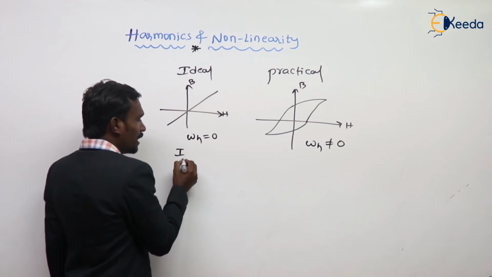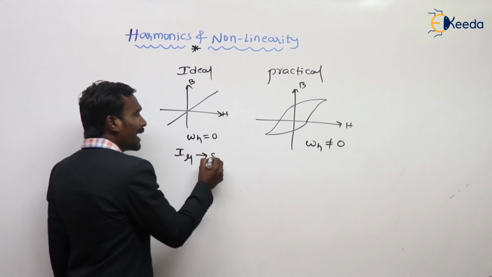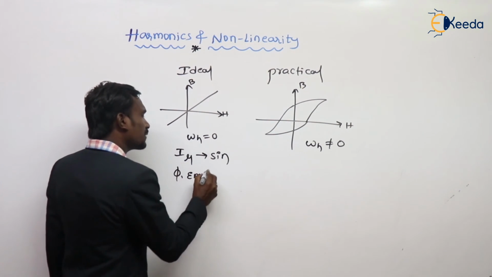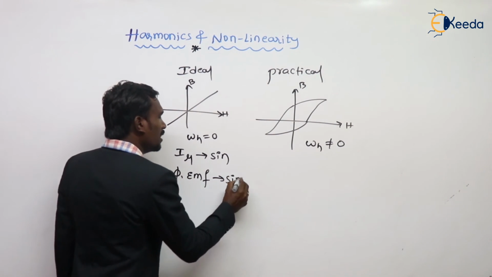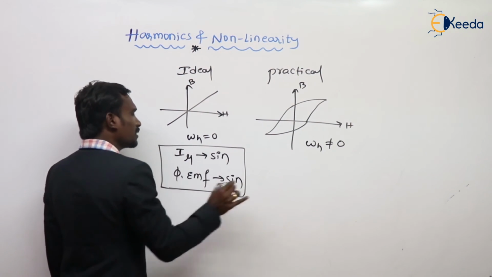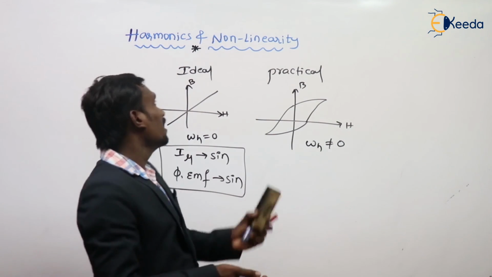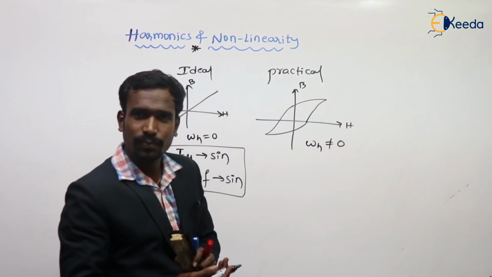Here, if I mu is sinusoidal, flux and EMF are also sinusoidal in ideal condition.